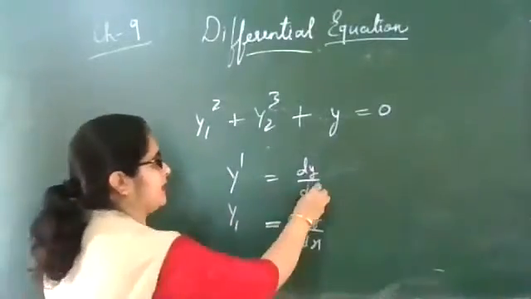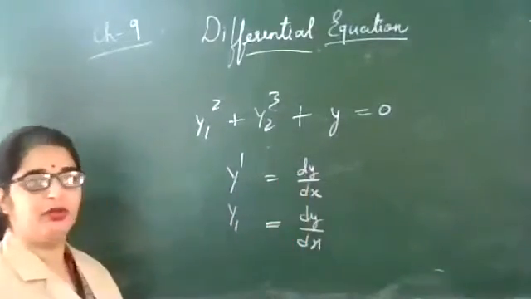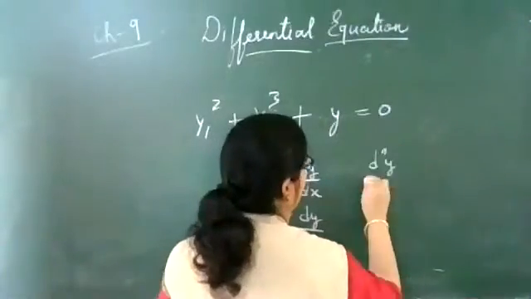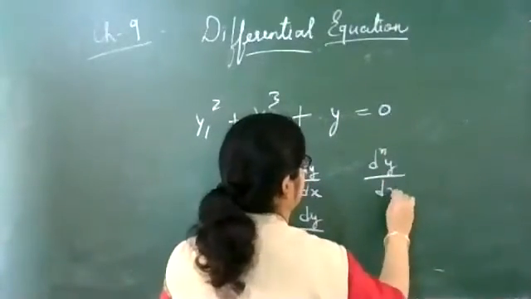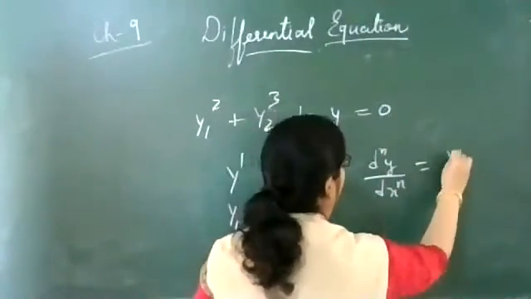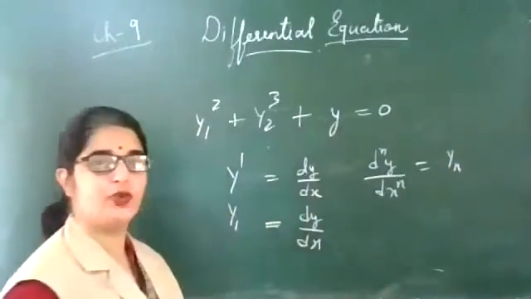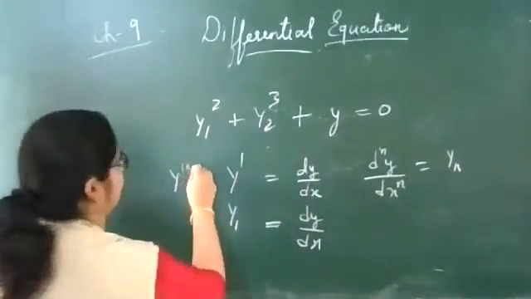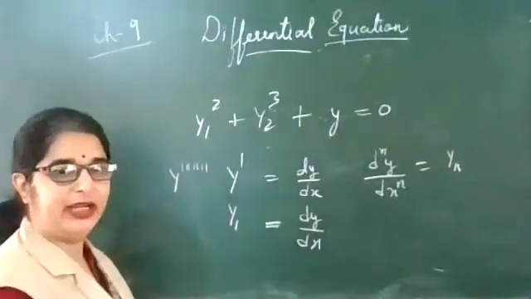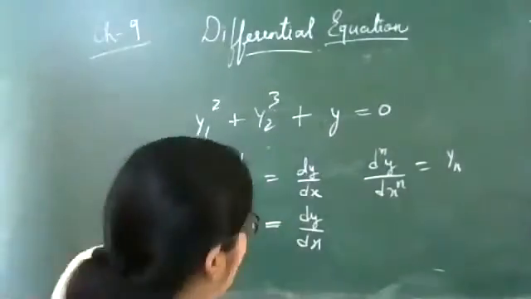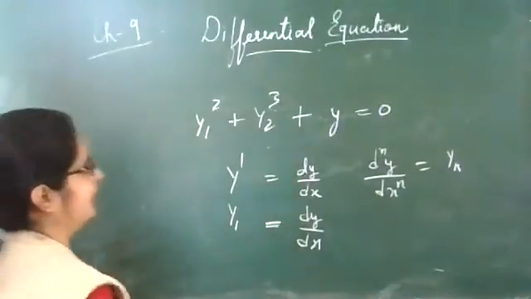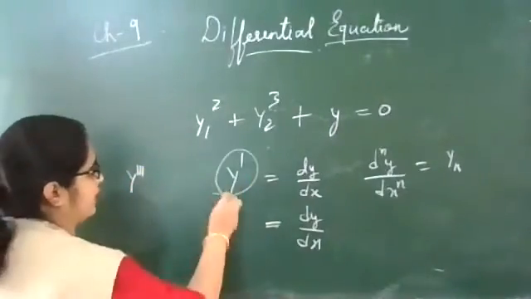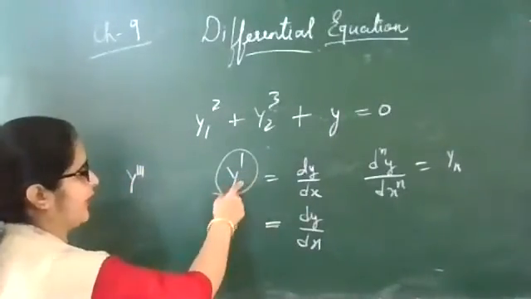Because writing this many times will be a problem. We cannot write dash n times. So basically till y triple dash we sometimes use this type of symbol: y dash, y double dash, y triple dash.